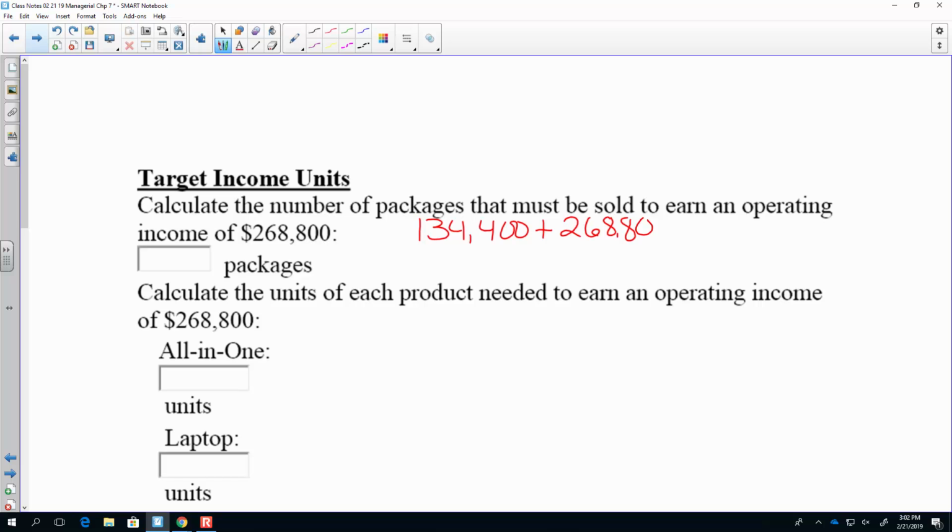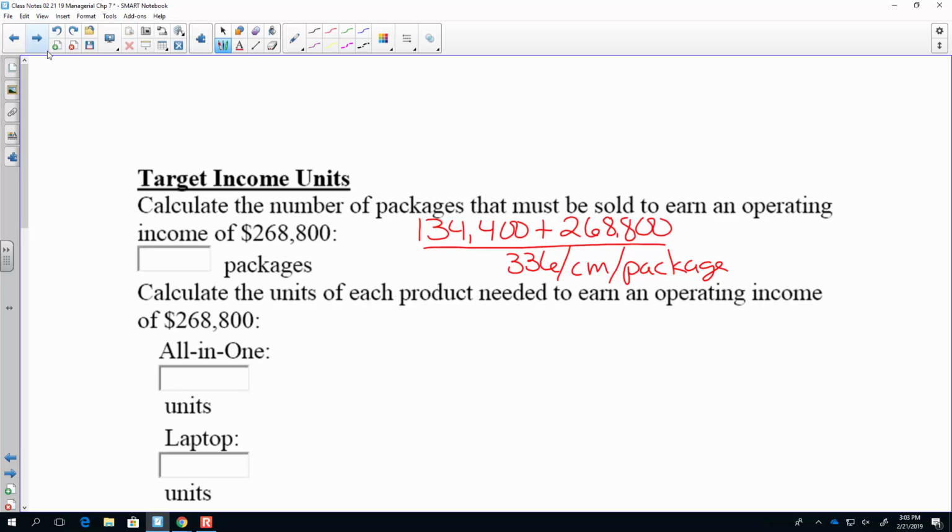So we're simply going to add that to our fixed cost and divide by our package margin of $336. Contribution margin per package.